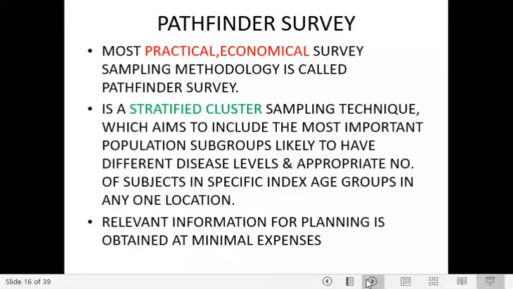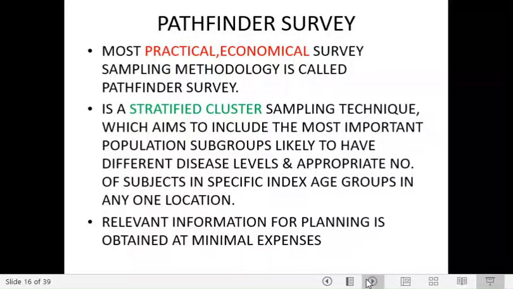What do you mean by stratified? The population is divided into specific age groups which have been given by WHO, and we are going to study a cluster of people, that is only a limited amount of people, which are the most important population subgroups likely to have different disease levels, and in those people only we are going to study the prevalence of disease.